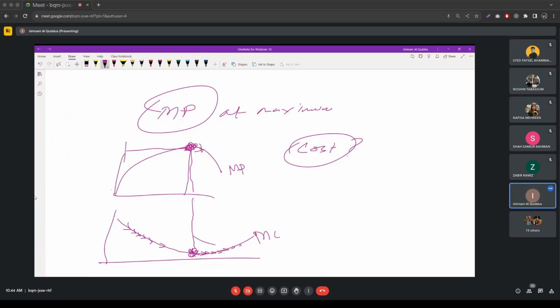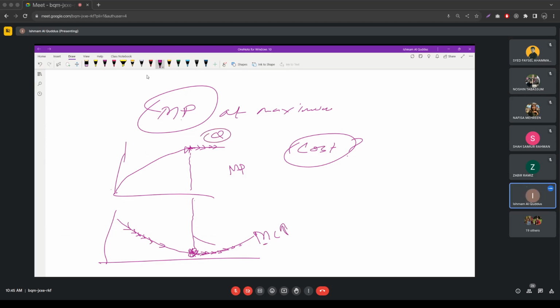Why? Because see here, the production is not falling, but let's say production remains the same or constant. So this is the maximum marginal product. Now after this point, it remains constant. So that's why your marginal cost goes up, because your Q is unchanged here.